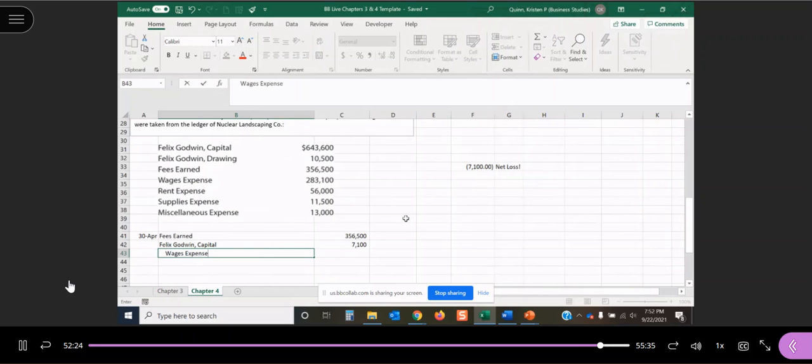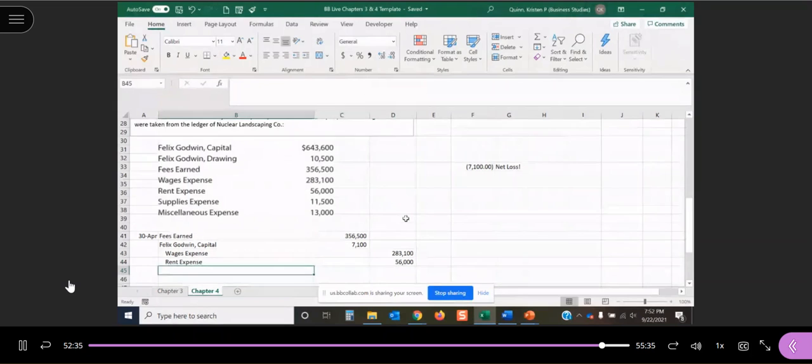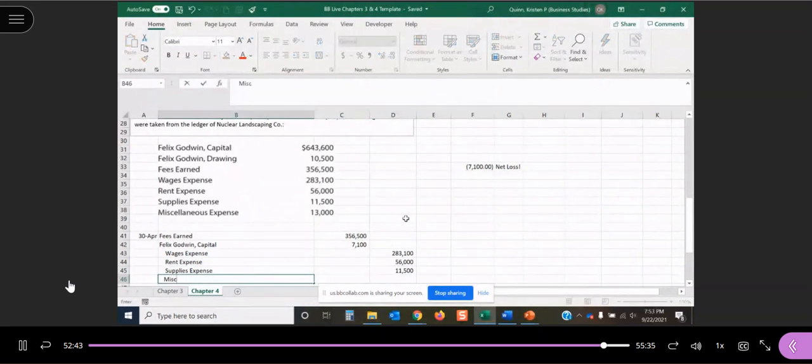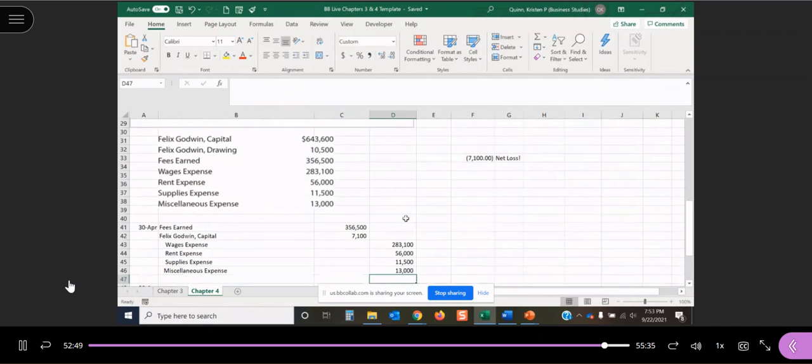We have our wages expense being credited for that $283,100. We have our rent expense for the $56,000, supplies expense for $11,500, and miscellaneous expense for $13,000.